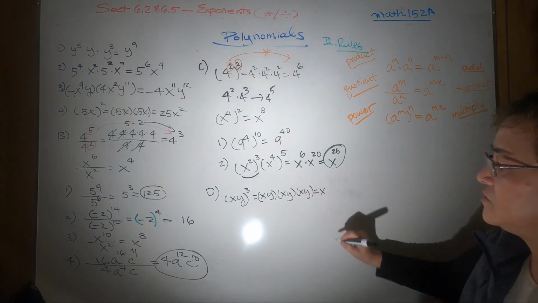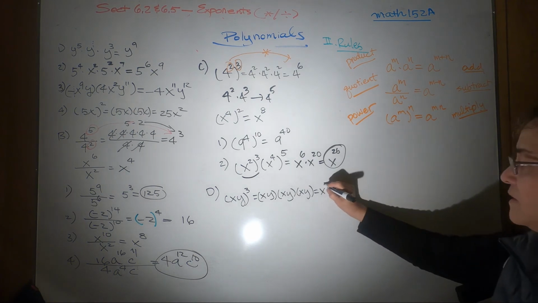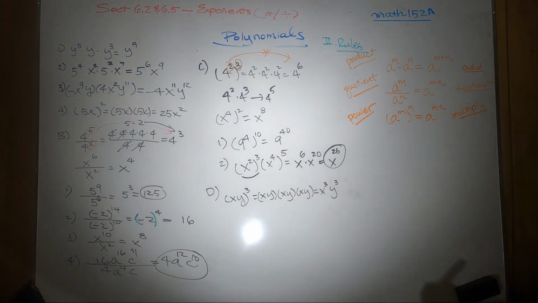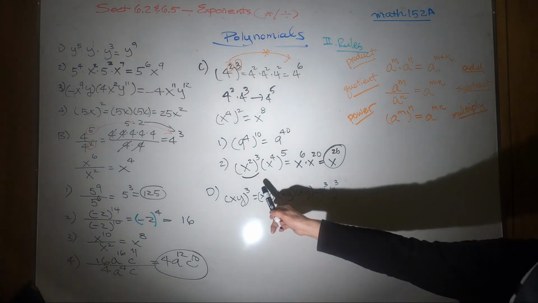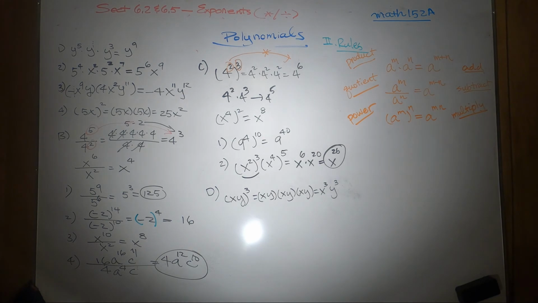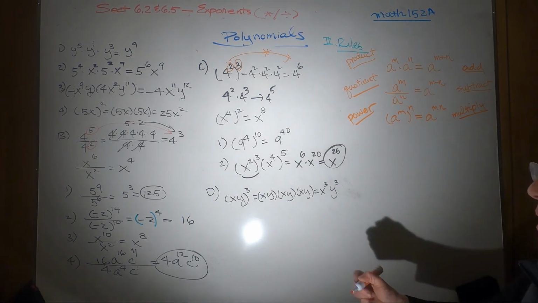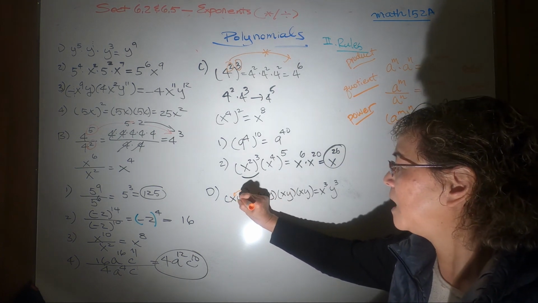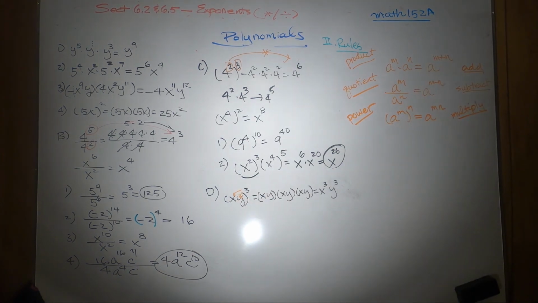Then how many x you have? 3 of them. How many y you have? 3 of them. When you have more than one base inside the power, it means what? Each one has to be applied with the power. Is that right?